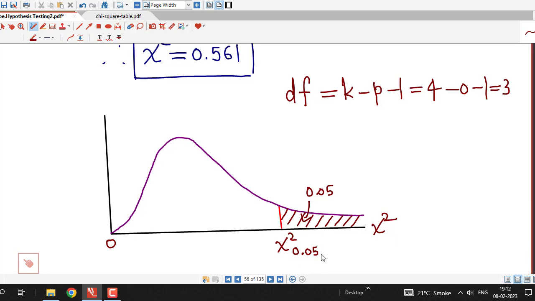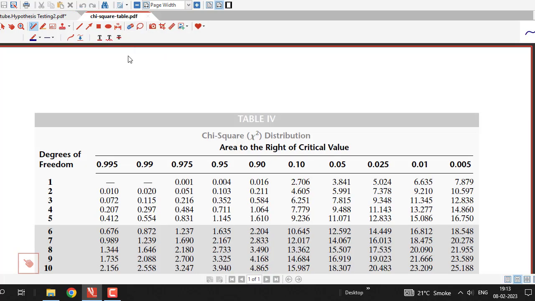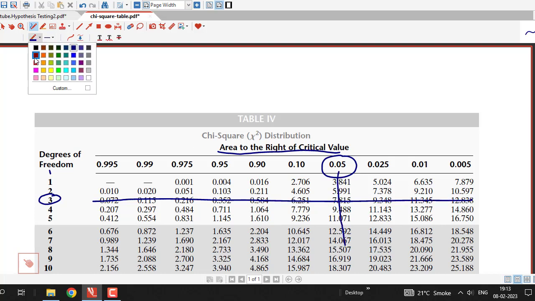So we have to use the chi-square table to obtain this critical value for alpha equal to 0.05 and degrees of freedom equal to 3. So let's go to this chi-square table. We have to search for alpha equal to 0.05 and 3 degrees of freedom. That is, we have to take the intersection of this row and this column, and the intersecting point is the required critical value for this test.